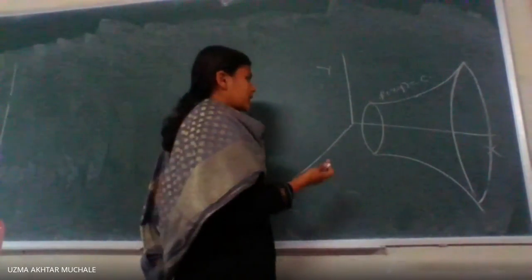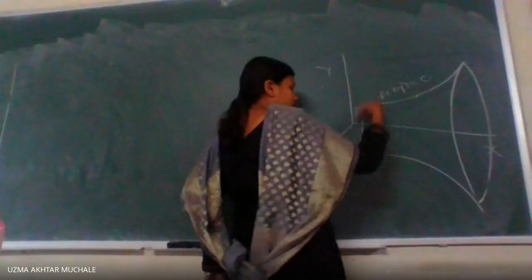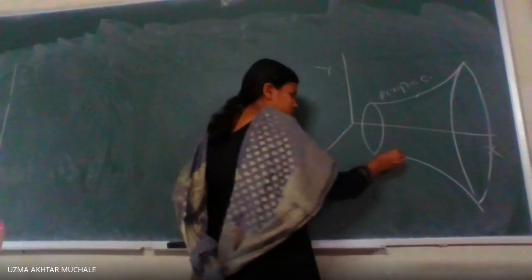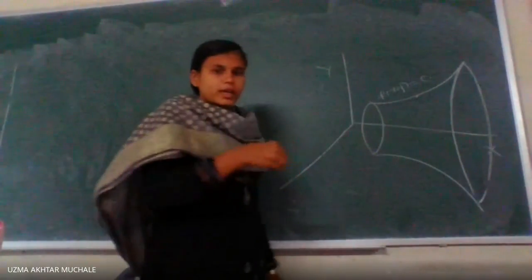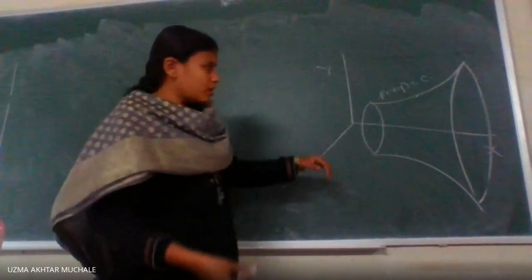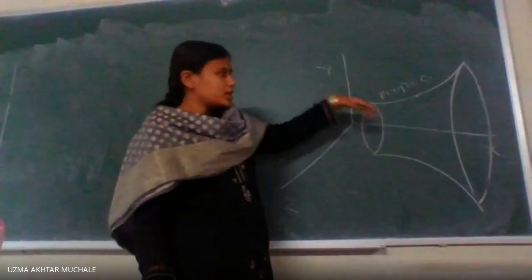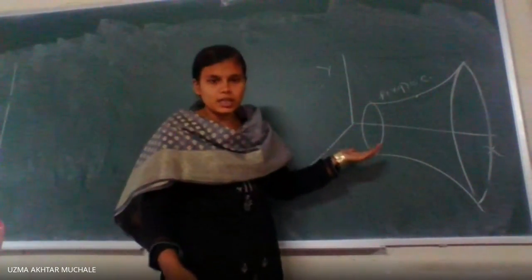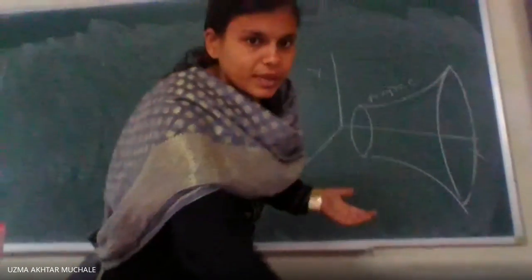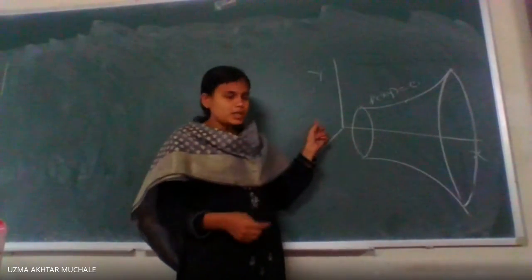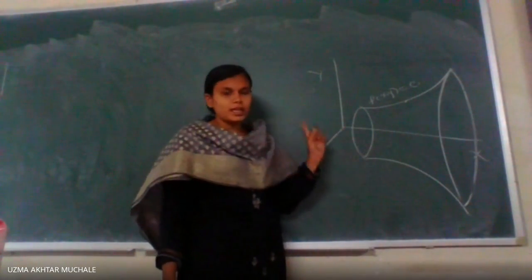Now, if I am saying that this is a curve in the xy plane, after revolving, suppose you go to this point, this point will have three coordinates x, y, and z. So first we have to find out the coordinates on whatever 3D object we are getting, because we haven't yet verified whether it is a surface or not. No doubt this is a surface of revolution because it does not touch the axis of revolution at any point.